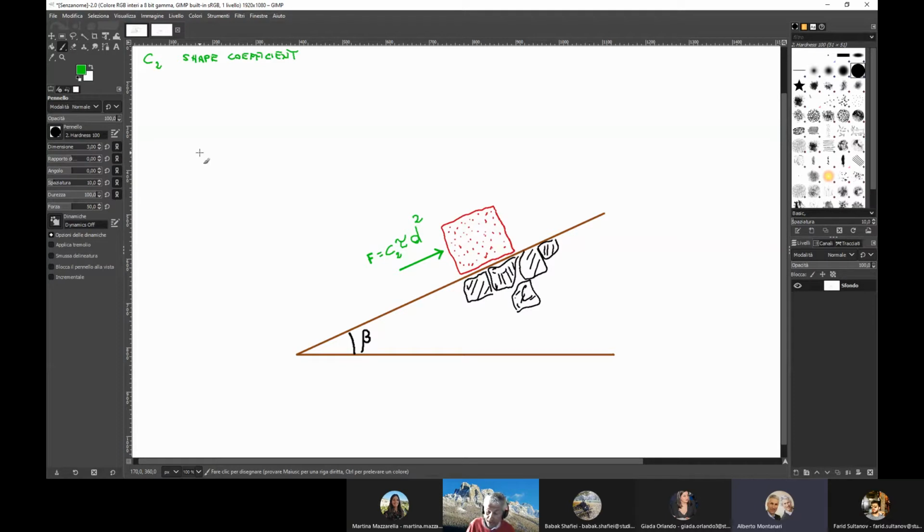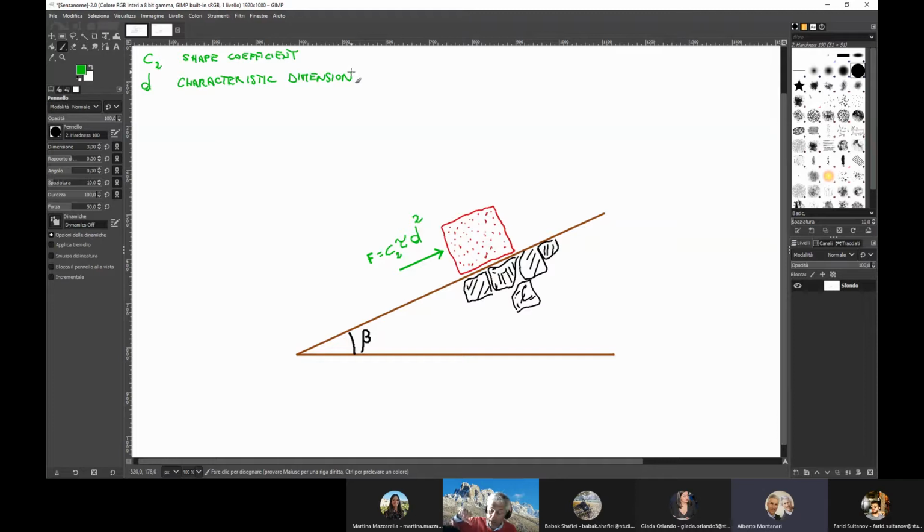And this exposed area can be computed depending on a characteristic dimension D. If the unit is cubic, like in this case, D can be the size of the cube, the side.